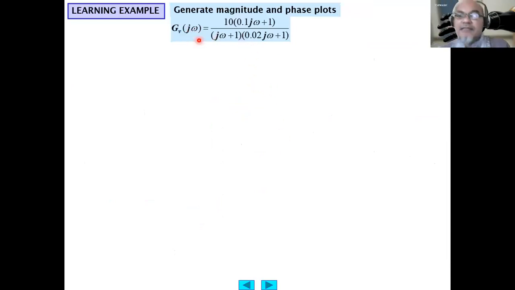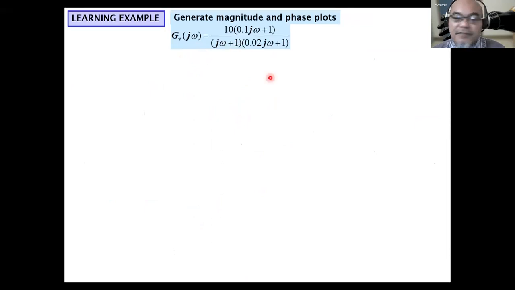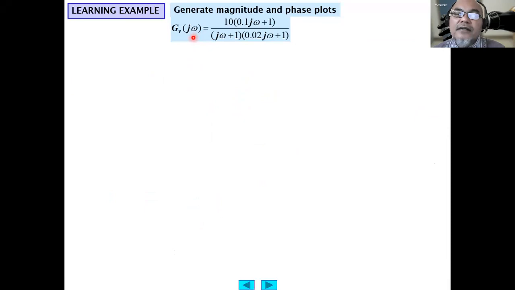Let's get some example here to plot the transfer characteristic for the magnitude and the phase. Voltage gain is given here, dV as a function of j omega equals to 10 to the 10 times 0.1 j omega plus 1 divided by j omega plus 1 times 0.02 j omega plus 1. So here we learn the 0, the constant characteristic is this one, 10.